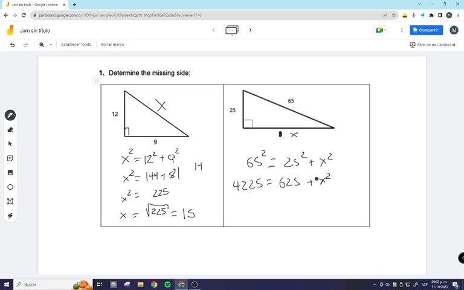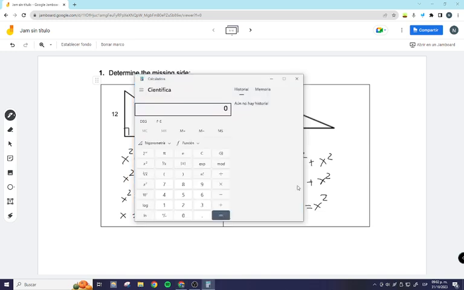Okay, how do we get this? Just subtract these two numbers. Remember, when you have the hypotenuse, instead of adding, what you actually do is subtracting. So 4,225 minus 625.